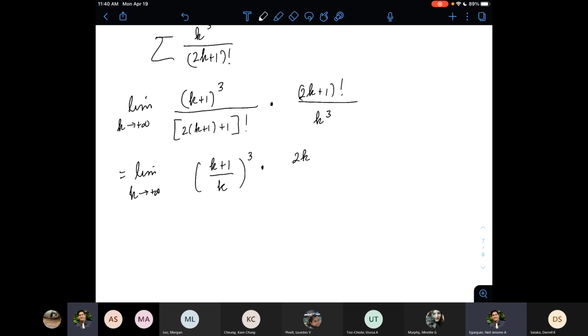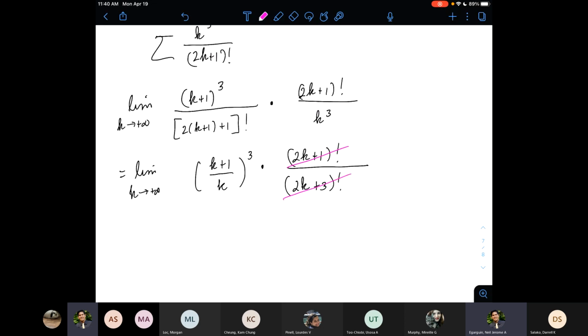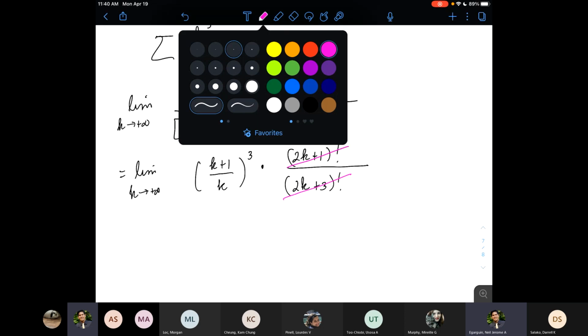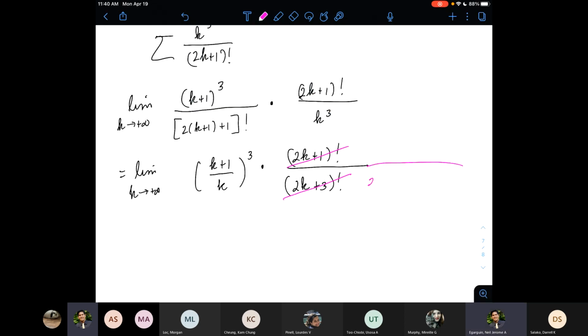So I have a (2k plus 1) factorial here, all over, when I simplify this, I'll get what? 2k plus 2 plus 1, so plus 3 inside a factorial. And then some things will cancel. 2k plus 1 will all be canceled, but in the denominator, what will we have? What we will be left with is 2k plus 3.